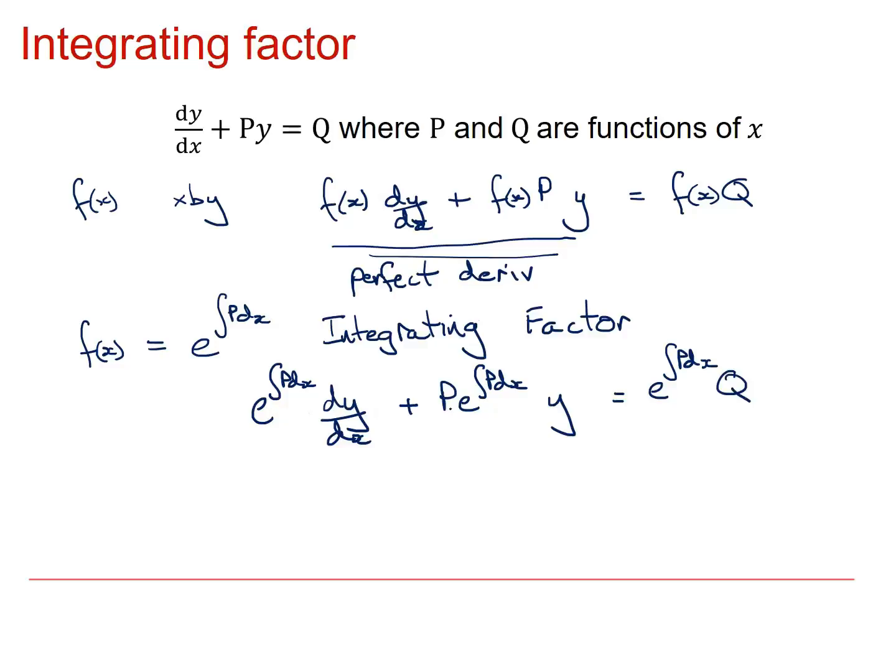If you look at this for a second, you'll see that if I differentiate e to the integral p dx, I get e to the integral p dx again, but multiplied by the derivative of the power, which is p. So this left-hand side is now a perfect derivative, in fact it's just the derivative of e to the integral p dx times y.